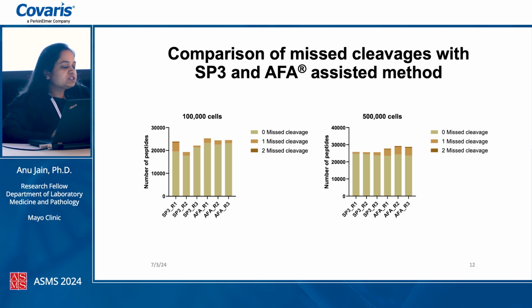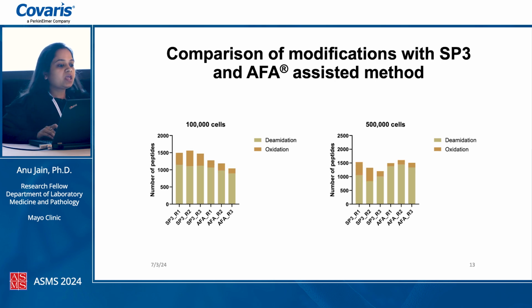However, the difference between SP3 and AFA assisted method was non-significant. And we also compared some of the common modifications that we usually use during the database searches for our data, which is a deamidation of asparagine residue or oxidation of methionine residues. The difference between two methods that we found was not significant.